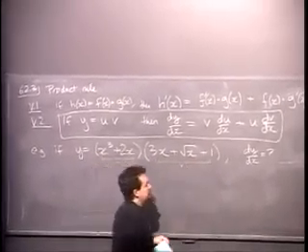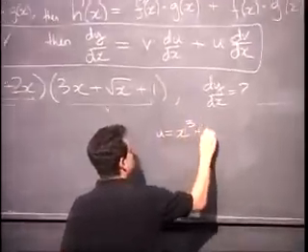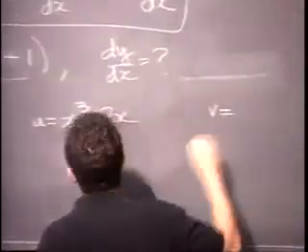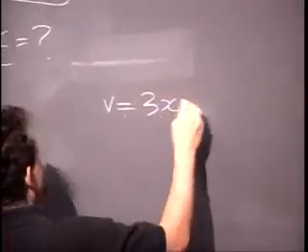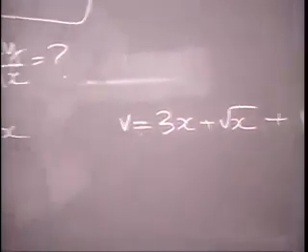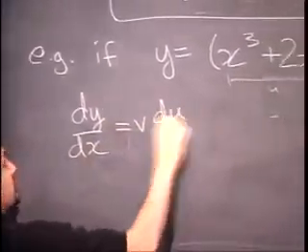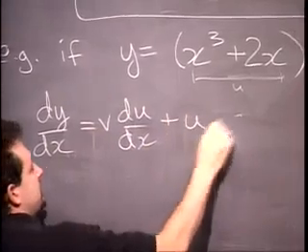So here's my working. u is the first term, x cubed plus 2x, and v is equal to the second term, 3x plus root x plus 1. Well, it turns out that dy/dx, and I'm just going to write out that product rule, it's v du/dx plus u dv/dx.